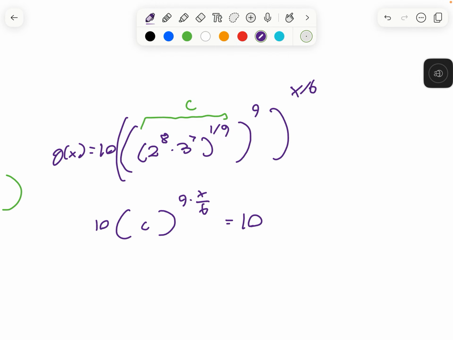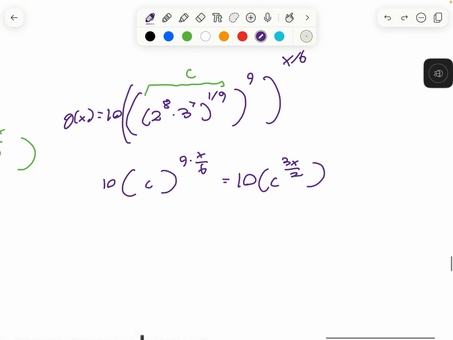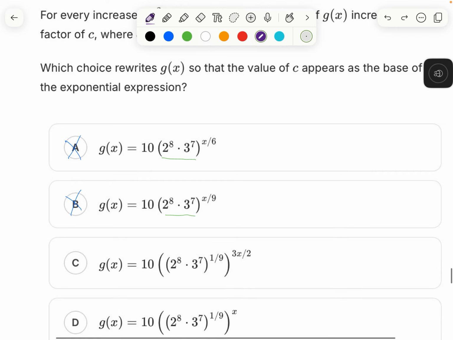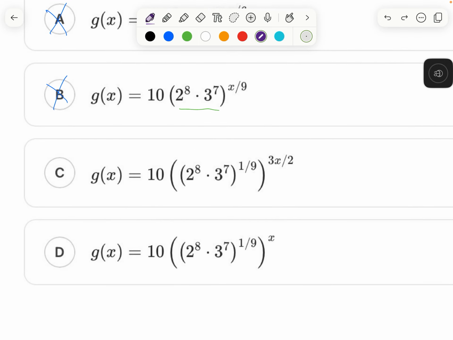This becomes 10 c to the 3x over 2, because you multiply these two. Well, what is that equal to here? This is 3x over 2. If you look at our answer choices, it's not going to be D. There's a 3x over 2 here, so the answer is C.